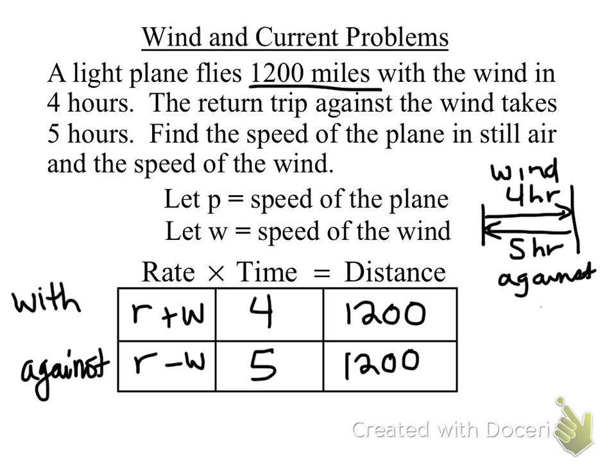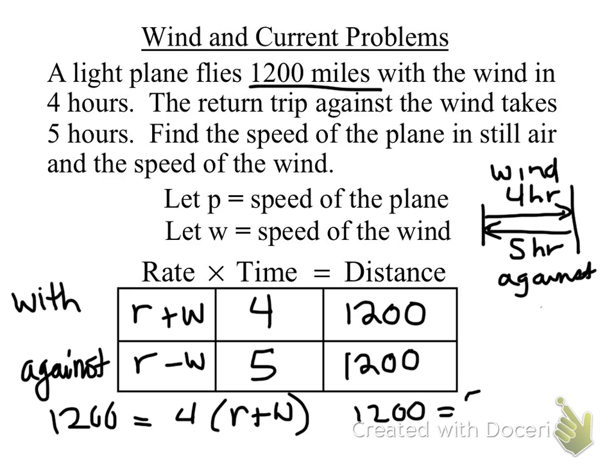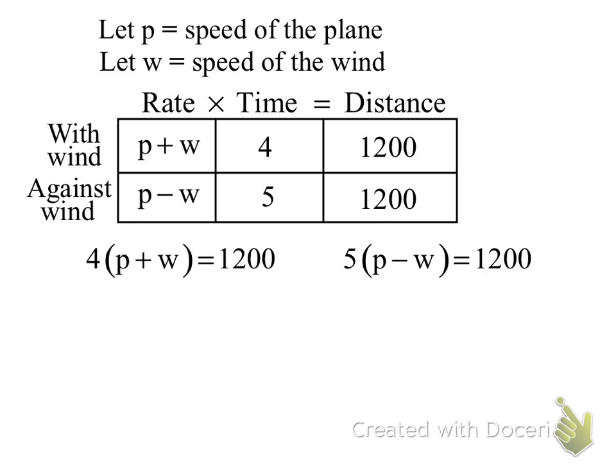So my two equations are 1200 equals 4 times the quantity R plus W, and 1200 equals 5 times the quantity R minus W. All right, so I'm jumping ahead over here.